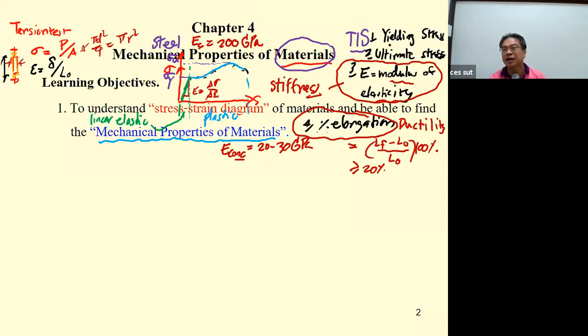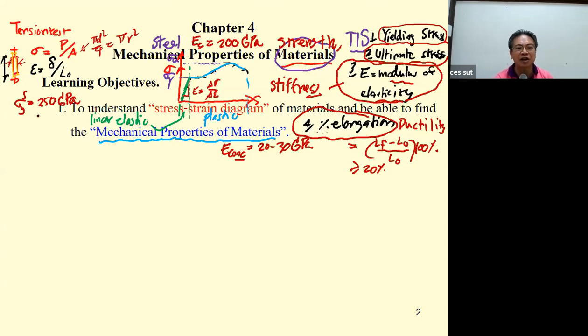The yielding and the ultimate stress measure the strength of the material. A higher yielding stress means the material has higher strength. For example, the sigma sub y of steel is 250 gigapascal.